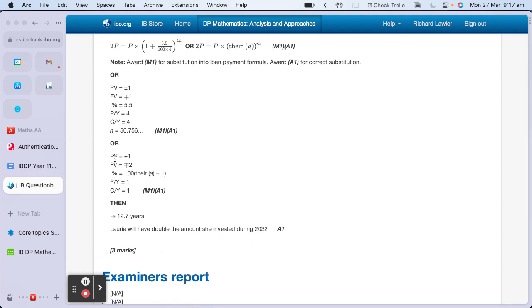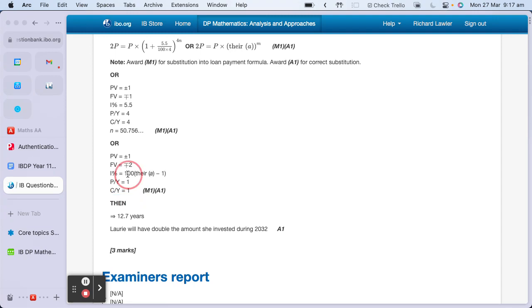Just the difference between these two here is that if you use the reduced interest rate, i.e. if you use the per quarterly interest rate, then payments per year is actually going to be payments per time period, and compounding rate per year is actually going to be compounding rate per time period.